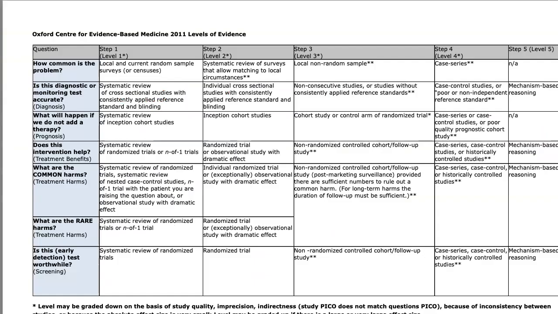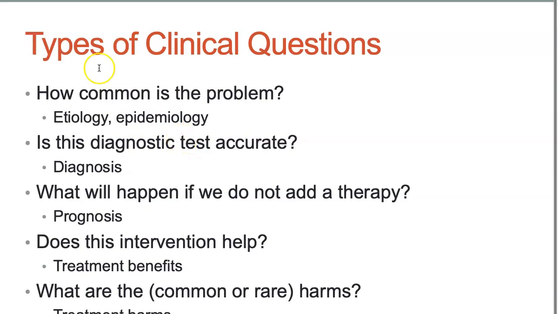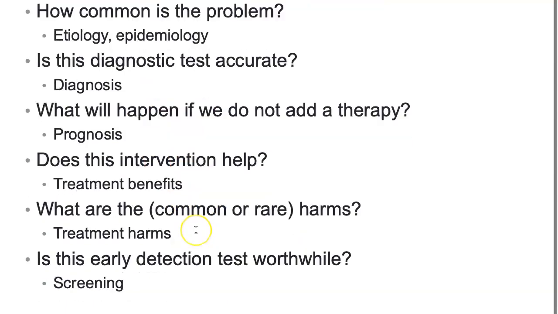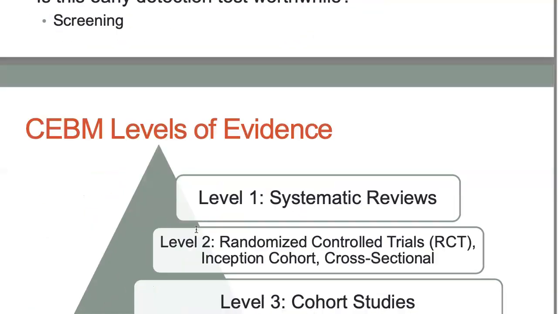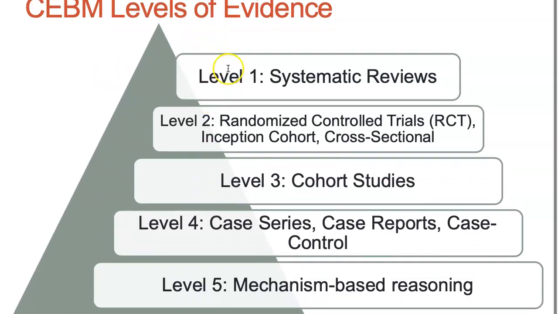Let me click over here. This is the actual document that you're going to use to rate the levels of evidence. We have these typical types of clinical questions that we've already developed. I'm not going to spend too much time here. What's really important here is our levels. We have level 1, 2, 3, 4, 5.